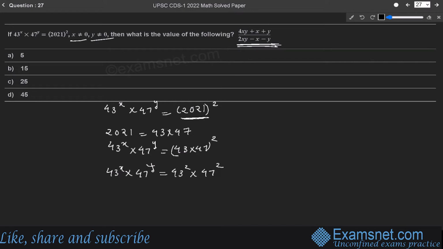On comparing both sides, we get x is equal to 2 and y is equal to 2.